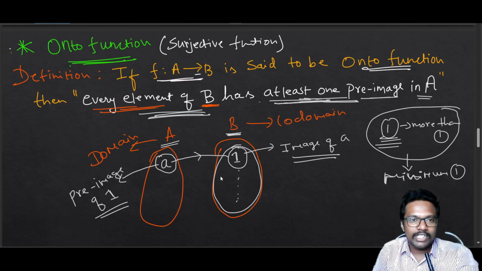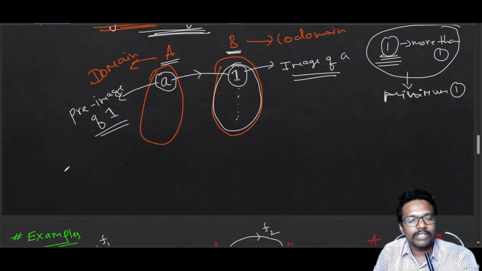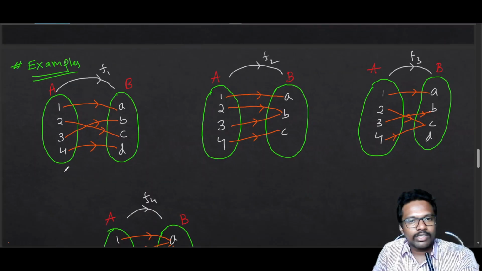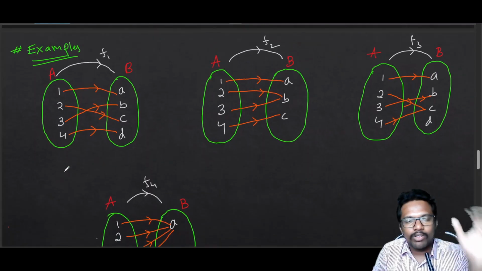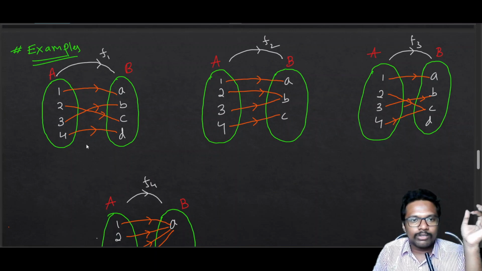So let's understand clearly with the help of examples. By using examples only we can understand the definition clearly. I have considered here 4 functions: f1, f2, f3, f4. These 4 are always functions because they satisfy the definition of a function.